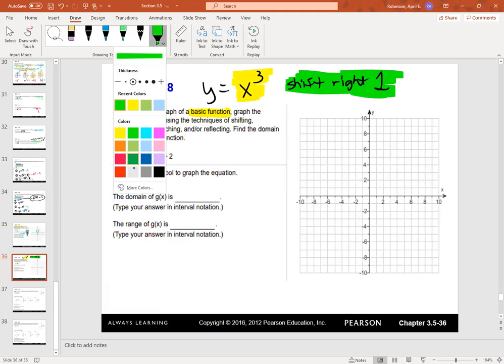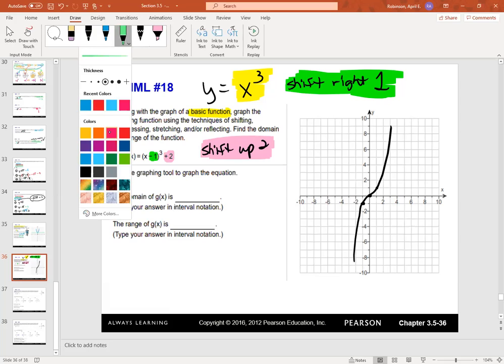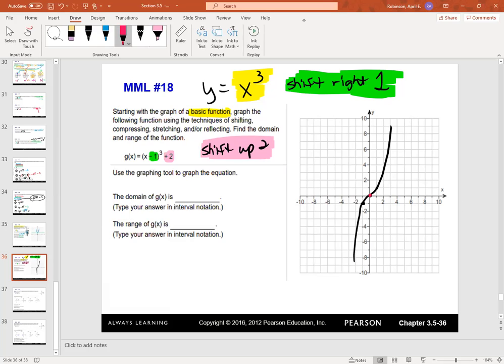And then because of the +2, that is going to shift up 2 units. So the original x cubed would look like something like this. Then I'm going to take another color. I'm going to start with my origin.